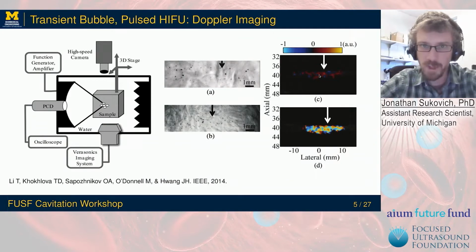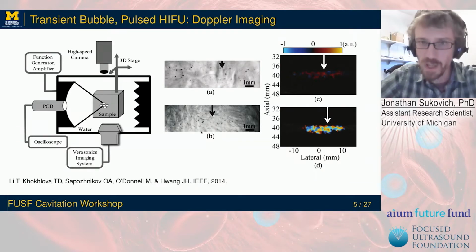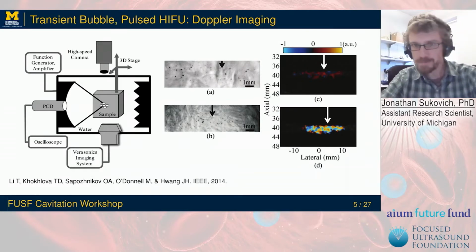In color Doppler imaging or pulse inversion Doppler imaging, groups have shown that you can get an idea of where these bubbles are, localize them just based on this Doppler information. And it correlates well with observations from direct imaging of the same experiments.